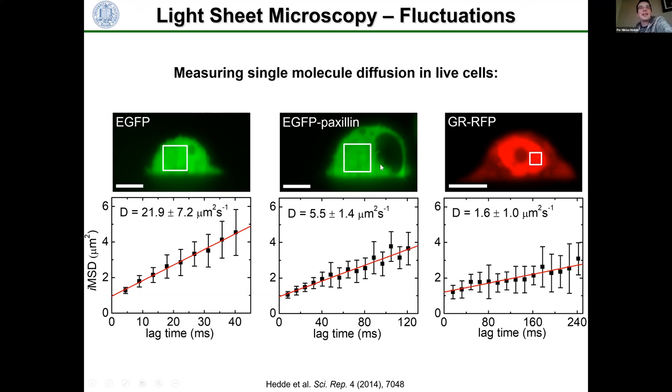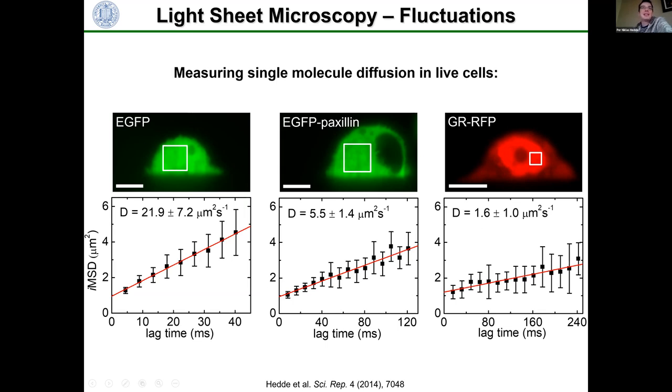You can also nicely see that this protein does not go into the nucleus. Then we have the glucocorticoid receptor labeled with a red fluorescent protein, which does go into the nucleus. And if you look at the diffusion inside the nucleus, we got about 1.6 micrometers square per second.